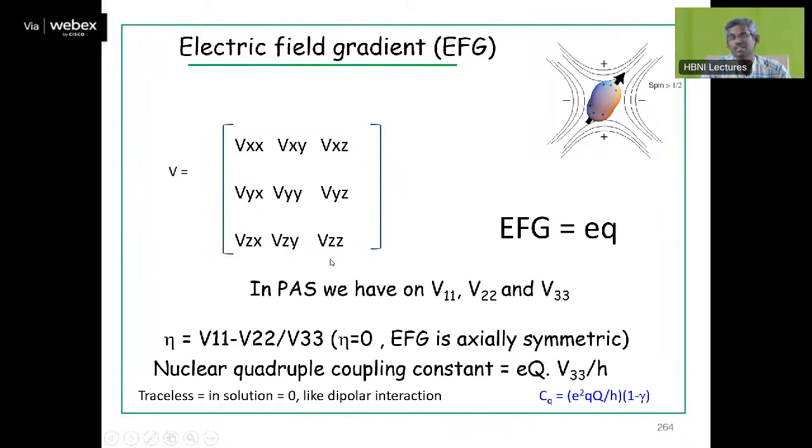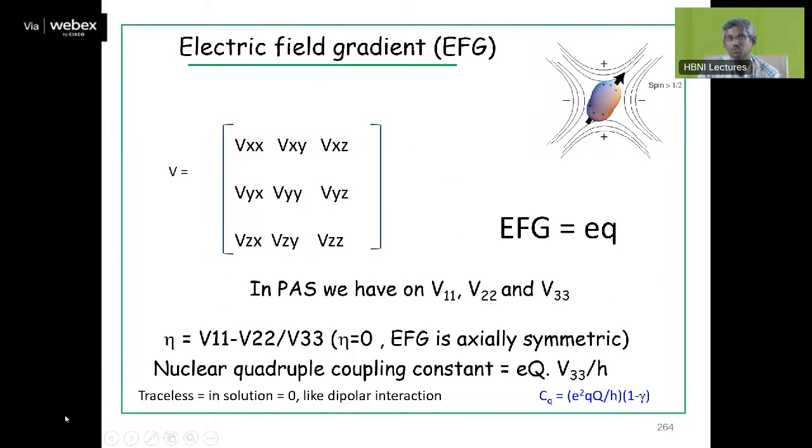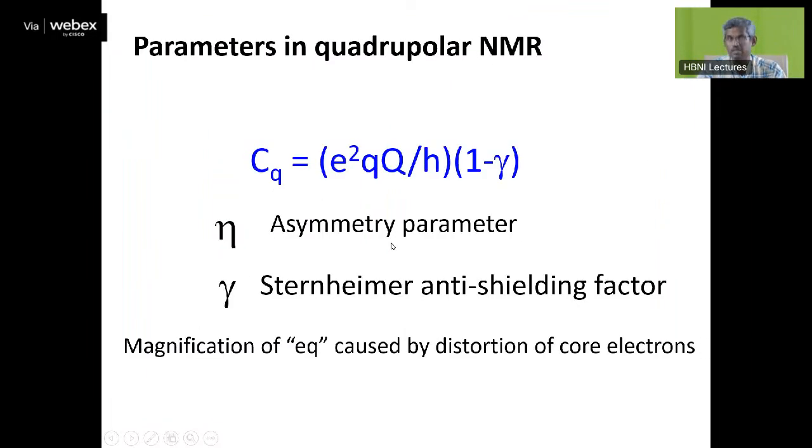It is nothing but Vxx minus Vyy divided by Vzz, that is, V11 minus V22 divided by V33. So eta is the asymmetry parameter. These are the parameters in quadrupolar NMR. I should write the equation for eta, otherwise people may get confused. The equation is in the previous slide.